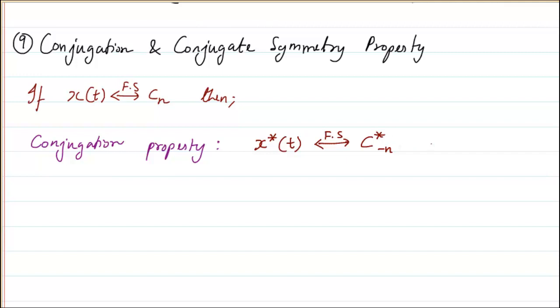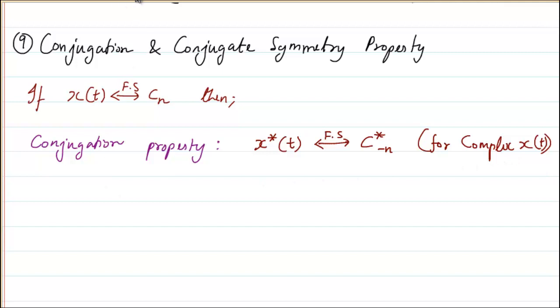That means the n value will be flipped and you will have the conjugate of that, and this is for the case of complex x of t.